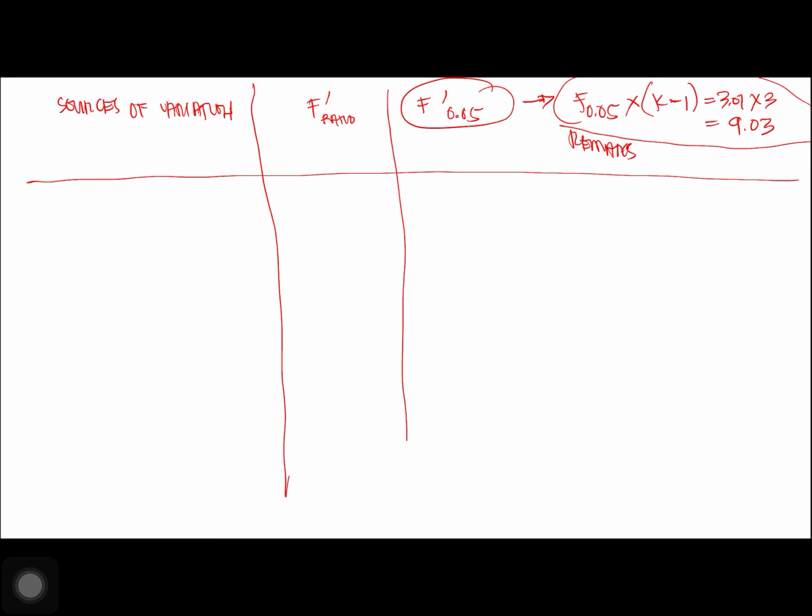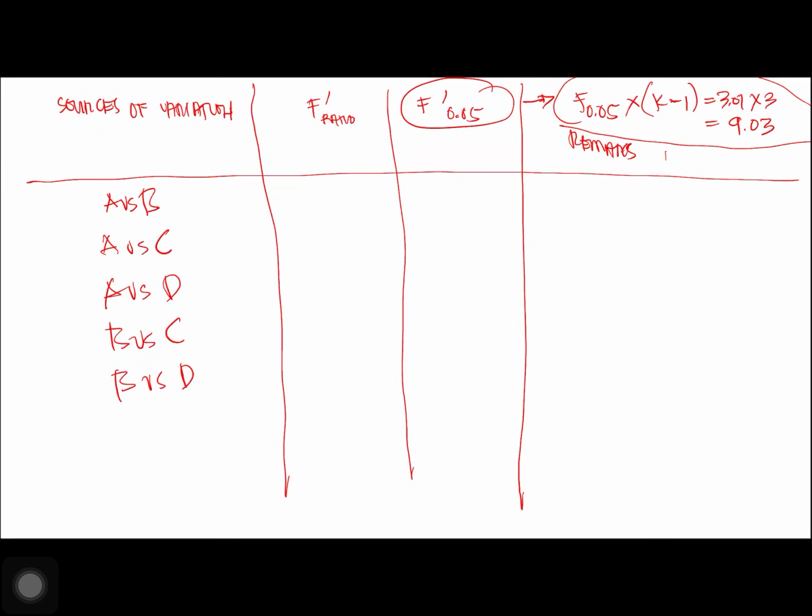For the sources of variation, we have A versus B, then A versus C, then A versus D, then B versus C, then B versus D, and then C versus D. For our computed values of F prime, we have 9.401.